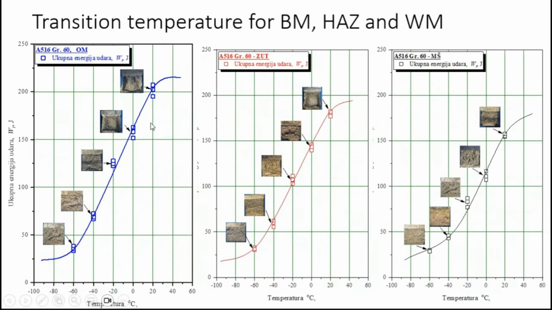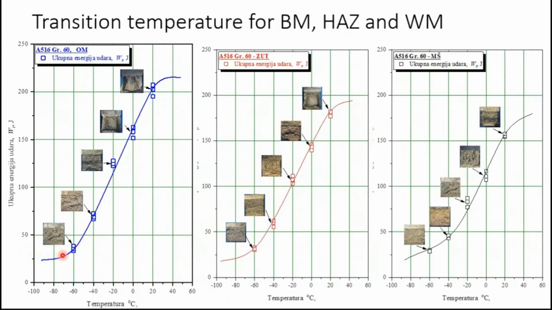In my experience, which is a big one, differences are usually bigger than this. So this steel behaves nicely in a sense of its welded joints. Using diagrams like this, if we put 27 joules as a limit, we can get the ductile to brittle transition temperature.